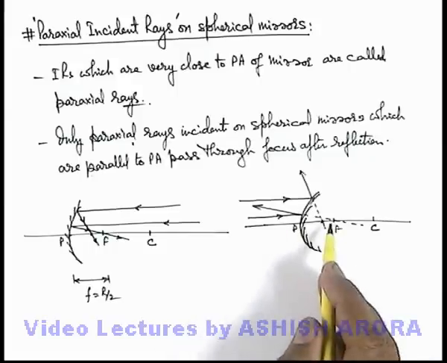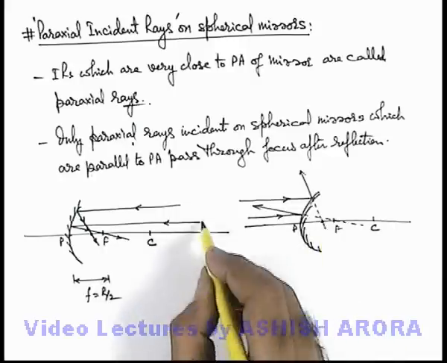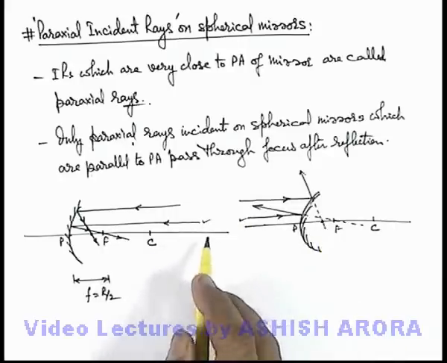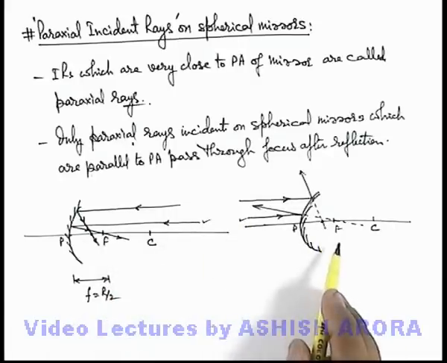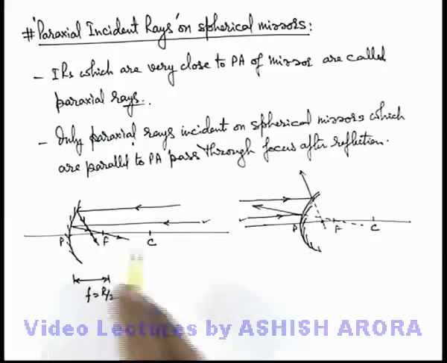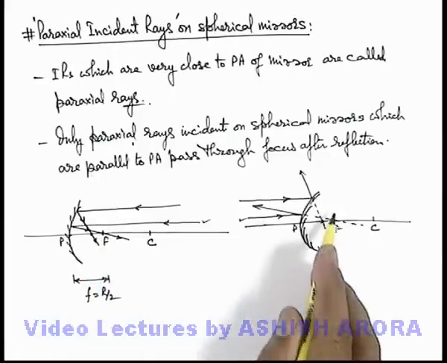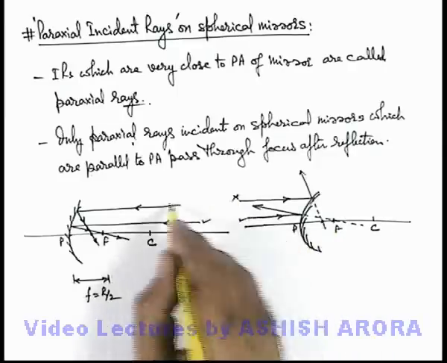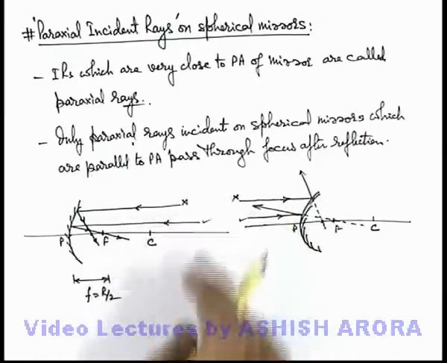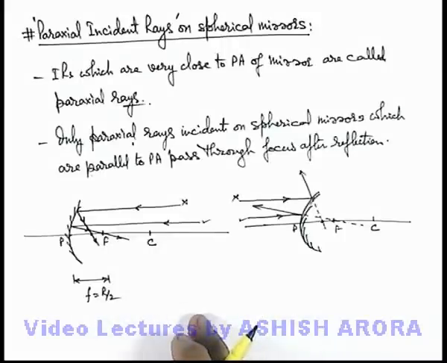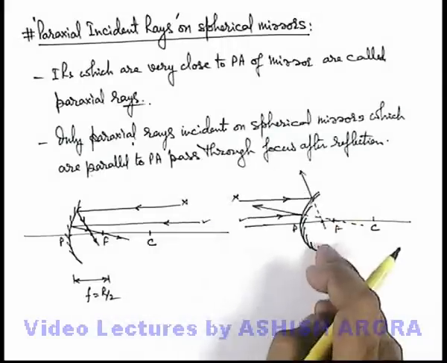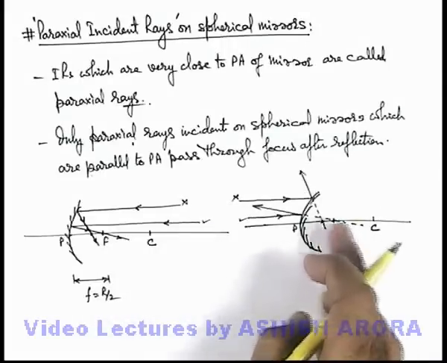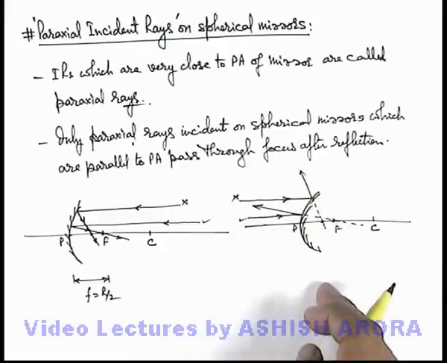But right now you must keep in mind that only for paraxial rays, like these two rays, we analyze the whole mathematical relations of reflection of light. Like focal point, here we are defining in terms of paraxial rays only. Those rays which are far away from the principal axis will not be treated as paraxial rays and do not pass through focus if parallel rays are incident on the mirror.